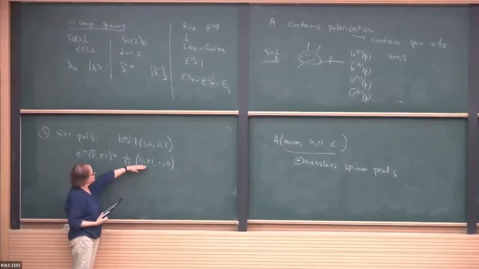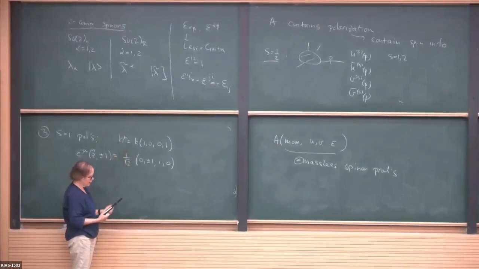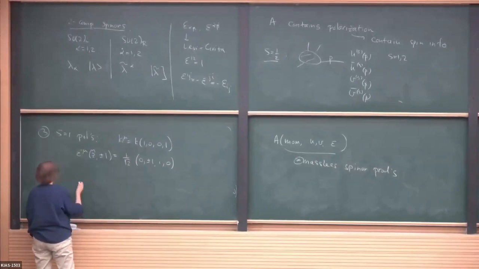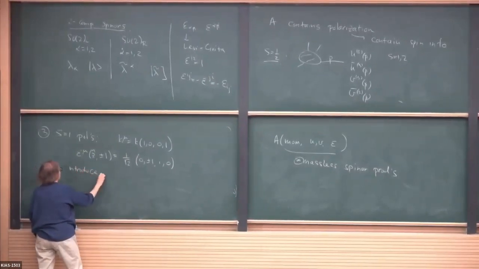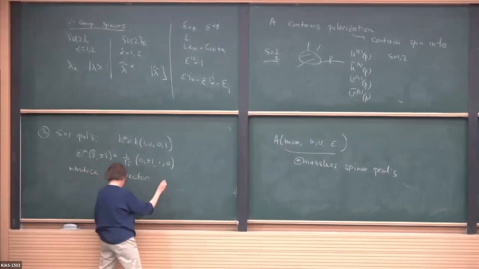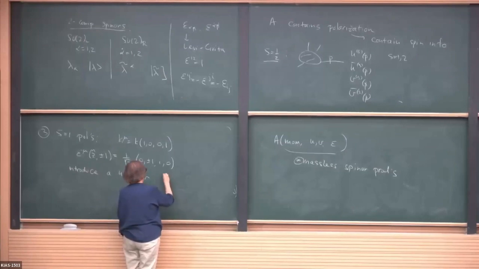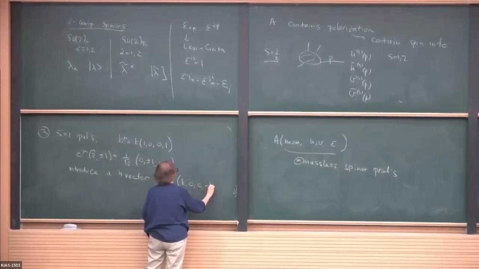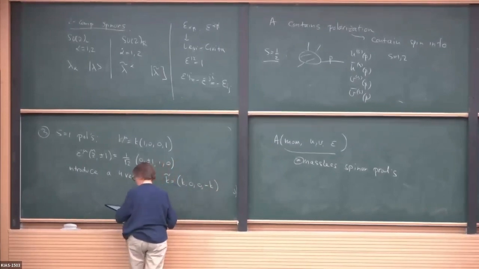And now I want to write this in a covariant form. I don't want to have to write a completely independent vector for each k mu that I have. To write it in a covariant form, we can introduce a four-vector, k tilde, which is equal to k0, 0, minus k.